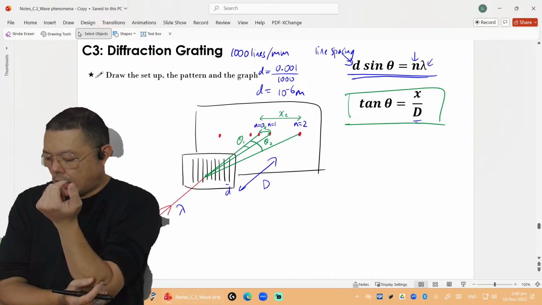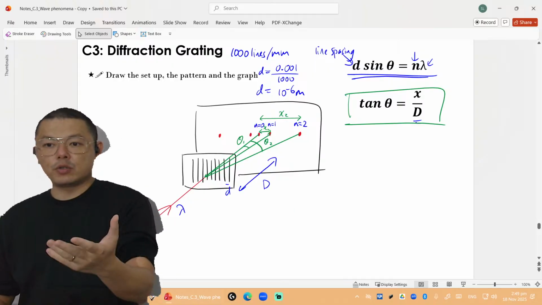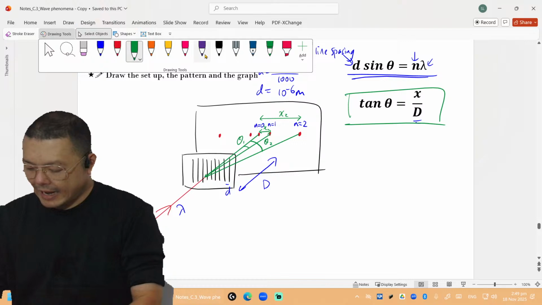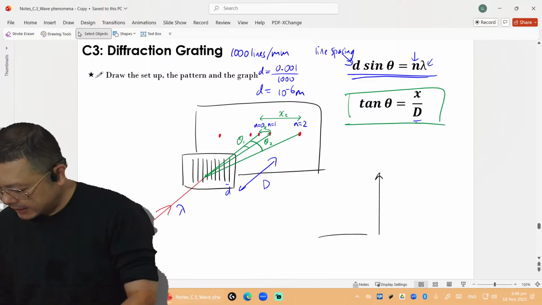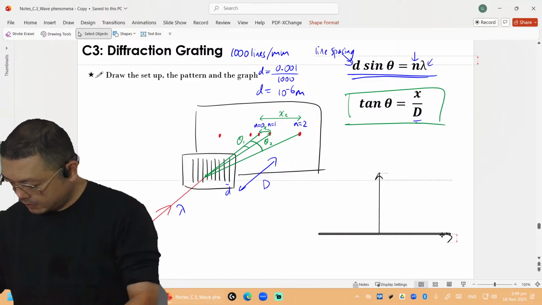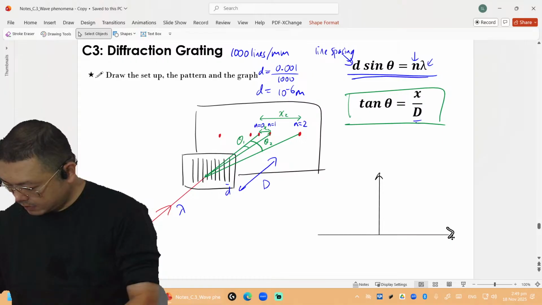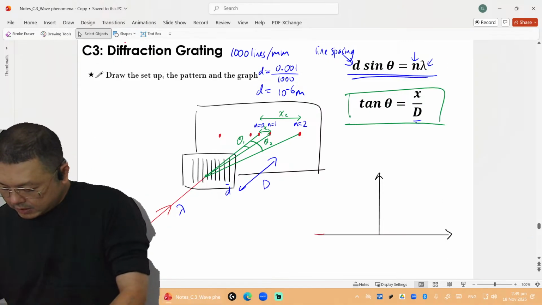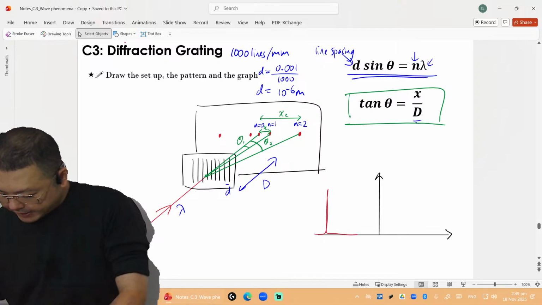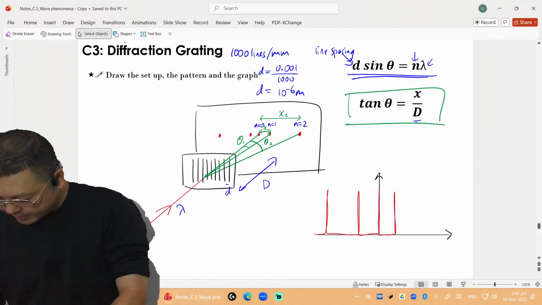Then the next thing I want you to do is draw the graph. How do you think the intensity graph will look? You will have one spike here, one spike here, one spike in the middle, one spike here, and then another spike there.